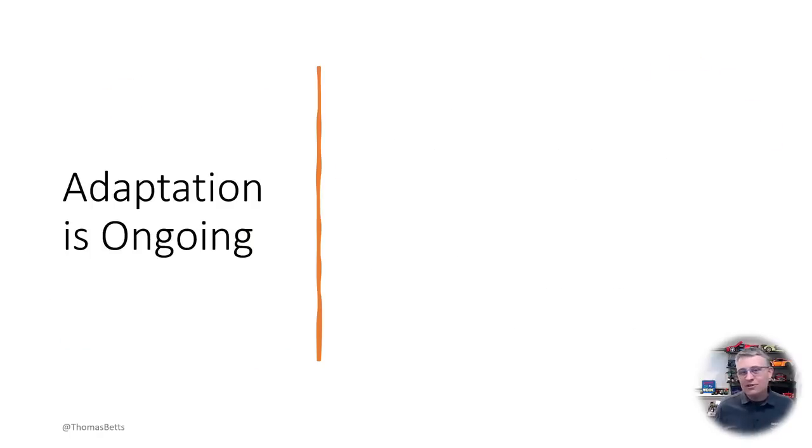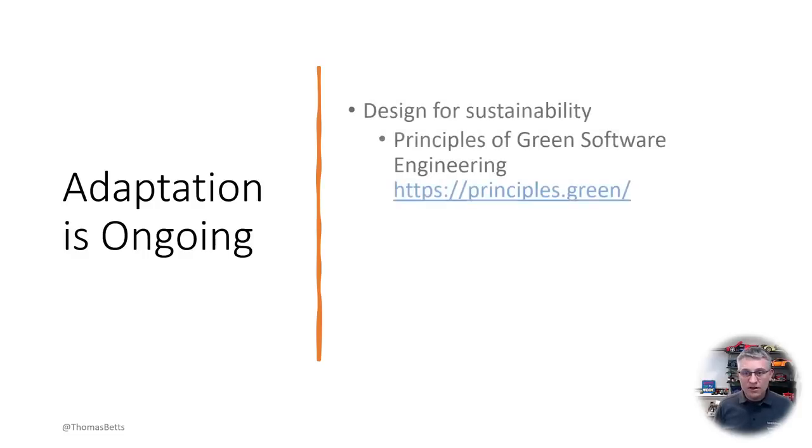Now, adaptability is important because technology is always changing. That means we'll see new quality attributes that are driving our design decisions, and the ones we have will evolve over time. Now, have you seen the principles for green software engineering? One of the philosophies in there is that everyone has a role to play in the climate solution.